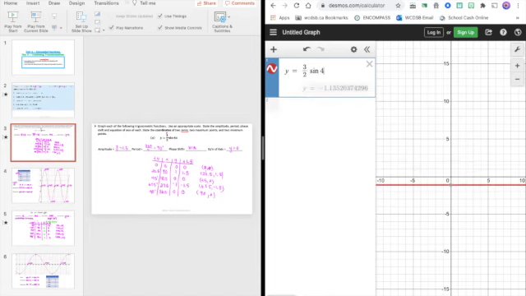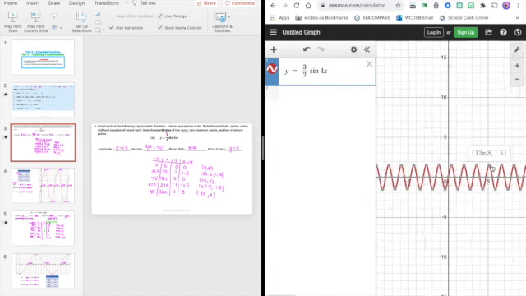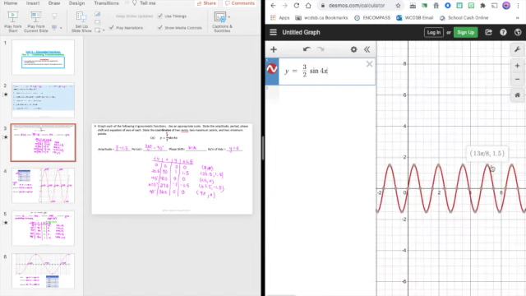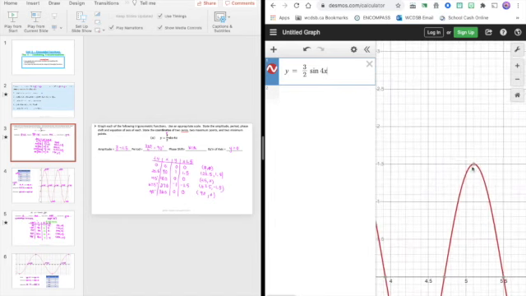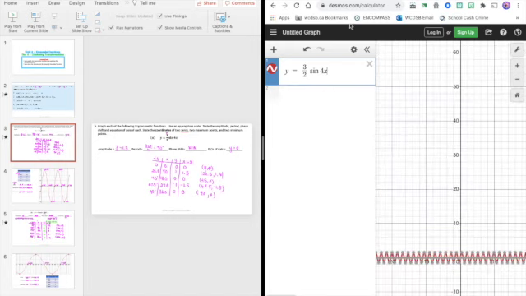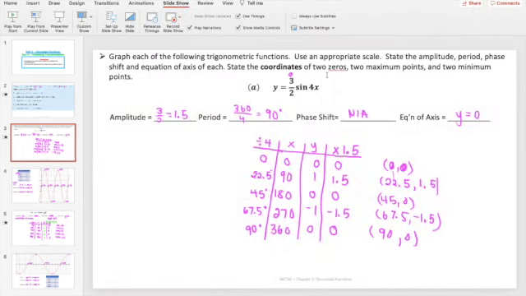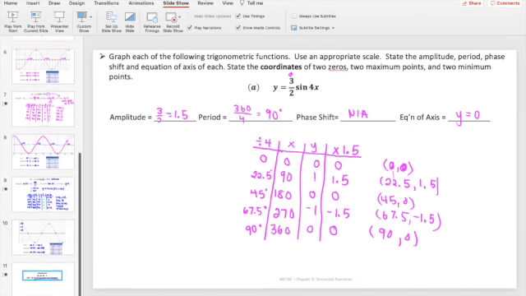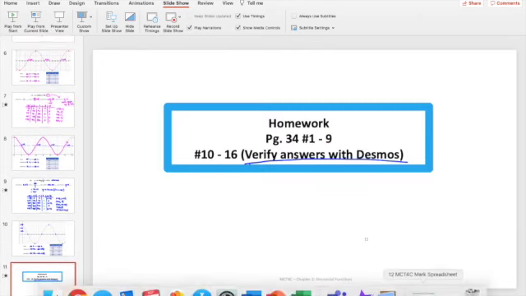Oh, we had 4x, sorry. That is what it looks like, and then you can zoom in on your graph to make sure that your equations were correct. Ask me if you have any questions with the Desmos graphing calculator, but it's just a verification. Okay, so that's what you need to do for that.